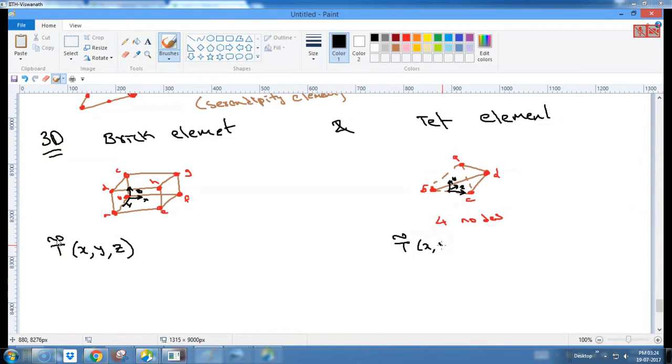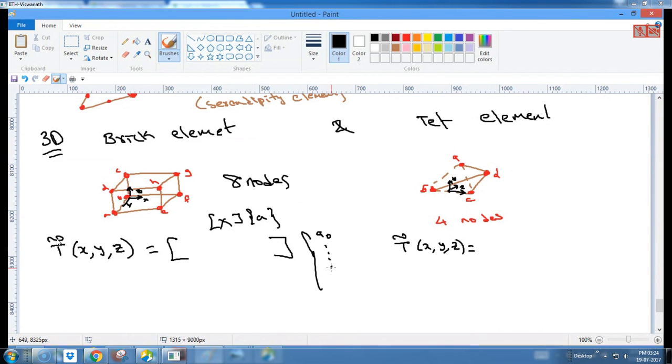Now, let us assume some basis function times the coefficients. How many coefficients are there in this case? Since 8 nodes are there, it will run through A0 through A7.